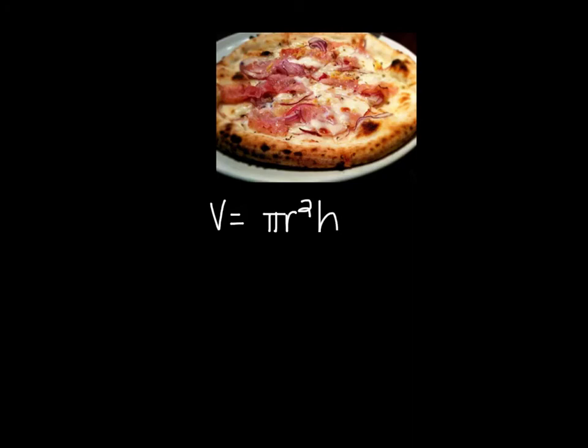And they tell me that my r, the radius of this, let me see if I can see that better. The radius is z. So this is going to be pi z squared.